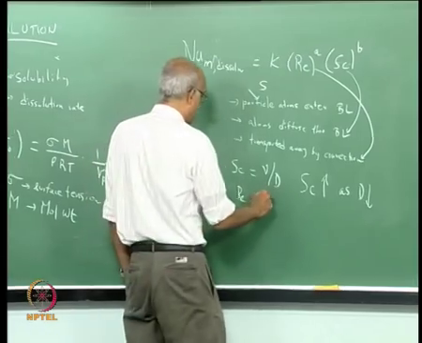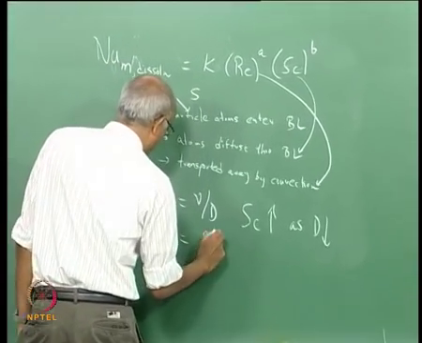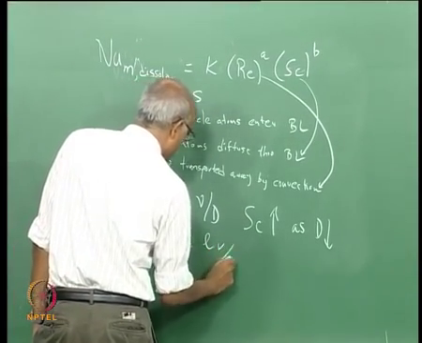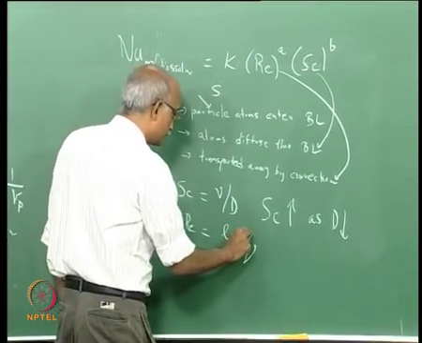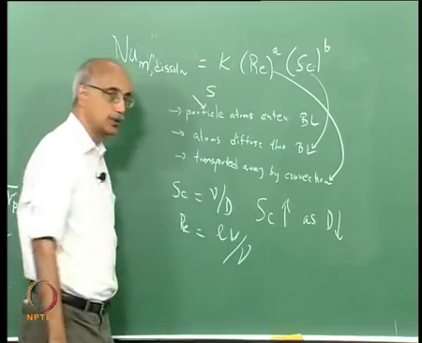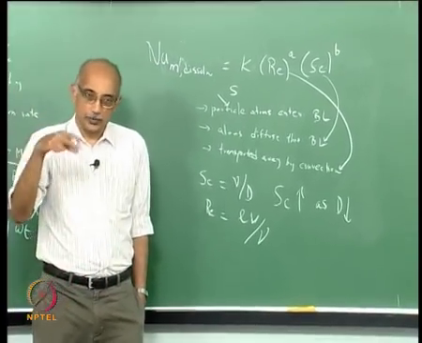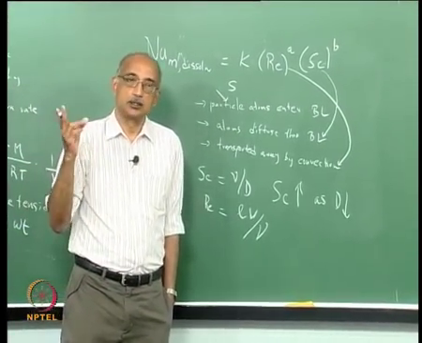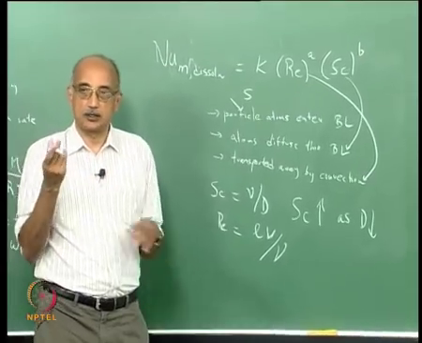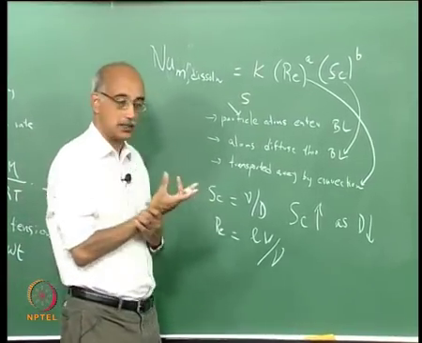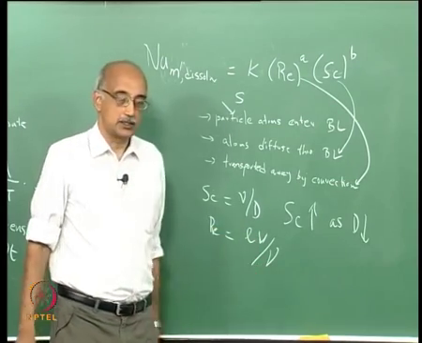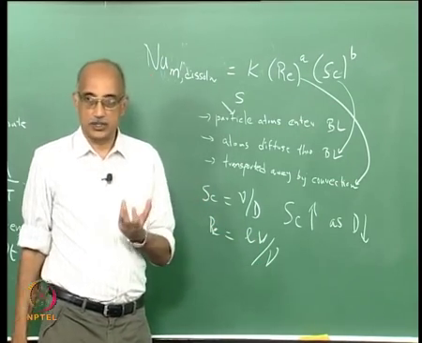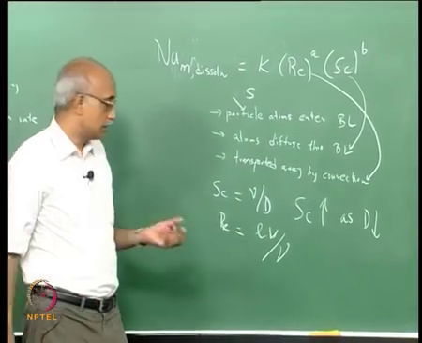So, L V over nu, where L and V are both related to the stirring process itself, the length of the stirrer, a characteristic dimension of the stirrer, a characteristic velocity of stirring, are in the numerator, and the kinematic viscosity of the fluid is in the denominator.